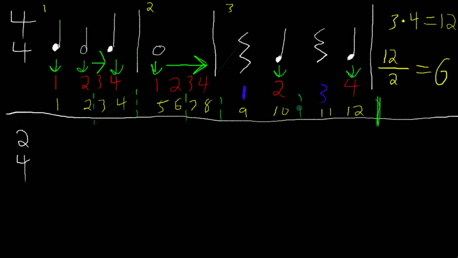Let me make these a bit bigger, a bit more obvious. That's what our measure division is going to look like, and as you can see, we've got 1, 2, 3, 4, 5, 6 measures.